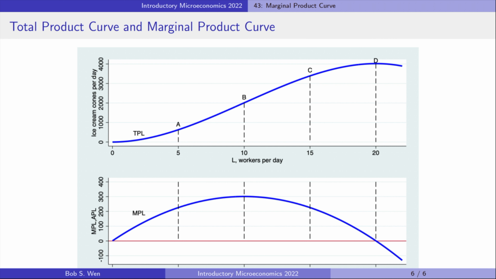This is the part from point B to point D. The marginal product decreases, and the total product increases at a decreasing rate. In theory, it is possible that an additional worker harms production and leads to a drop in total production. That is the part after point D where the marginal product becomes negative.